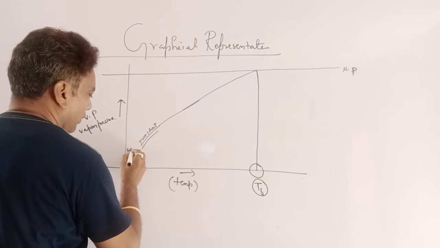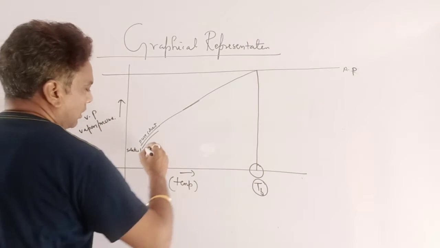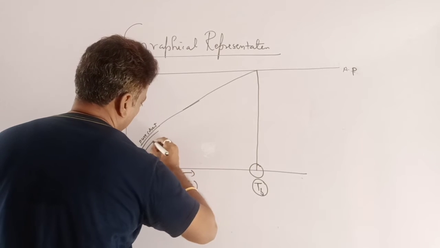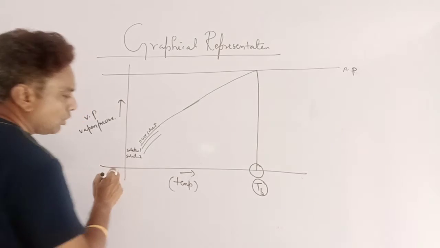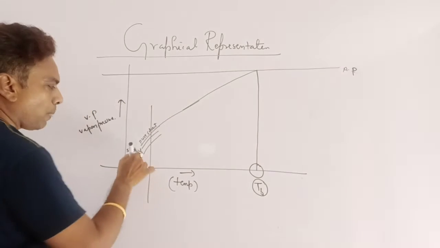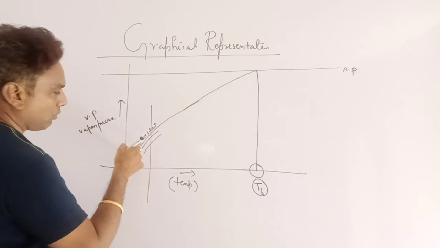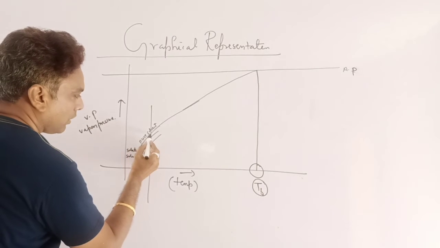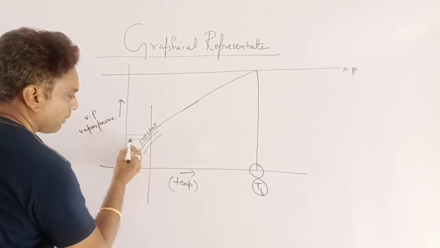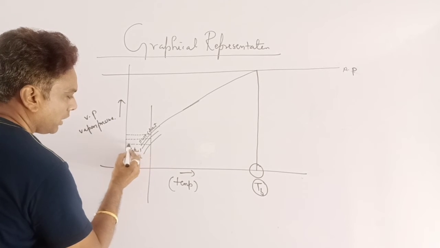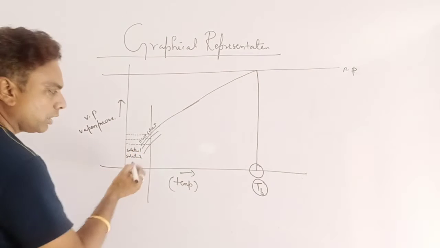Here is solution 1. Then after mixing more solute, it will be decreased further. Suppose this is solution 2. According to this vapor pressure versus temperature graph, we can determine which one is more concentrated in terms of vapor pressure lowering.